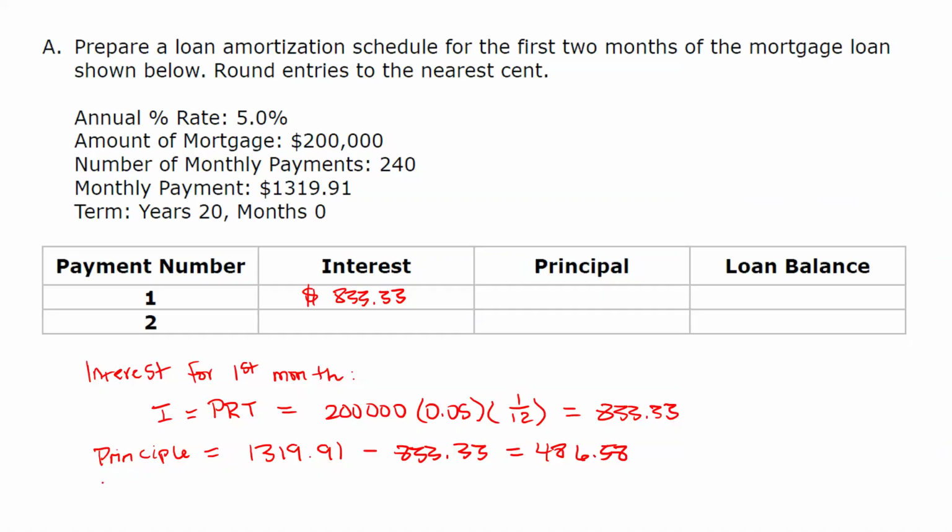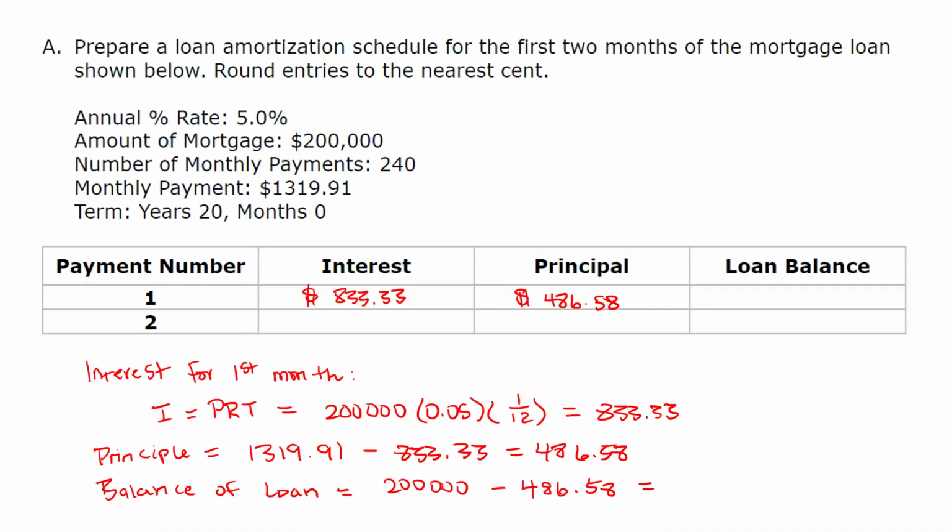Okay, and then the balance of the loan, after the loan payment has been made for the first month, is going to be 200,000 minus $486.58.